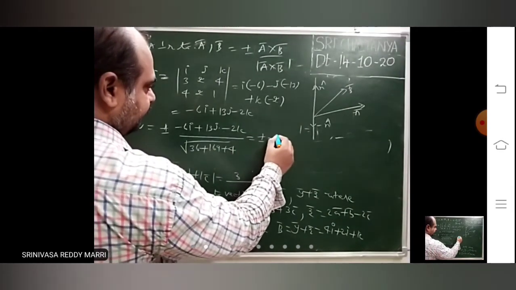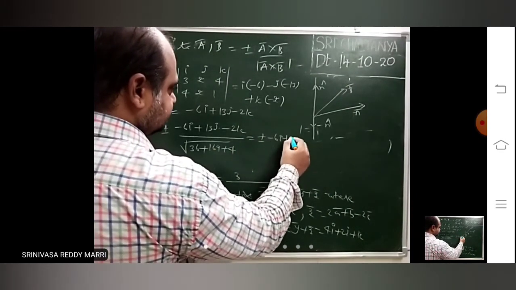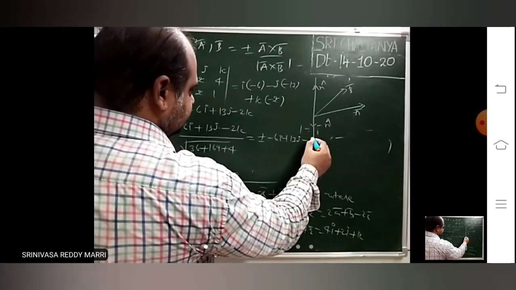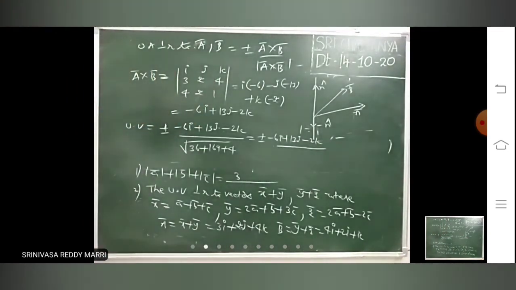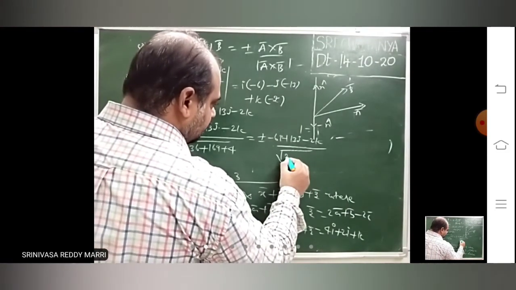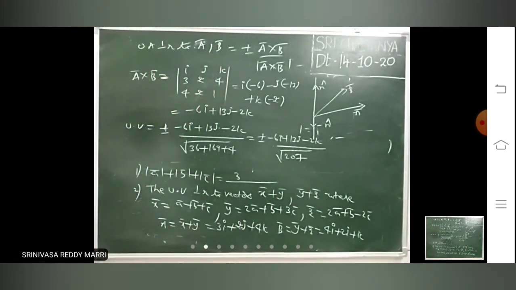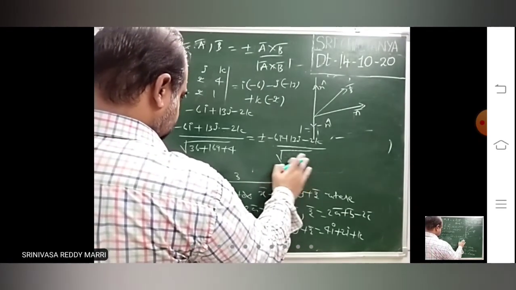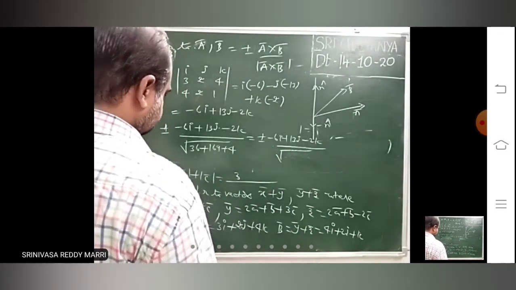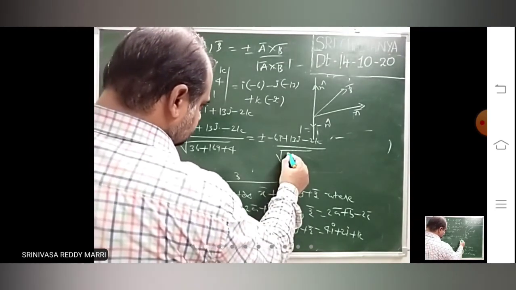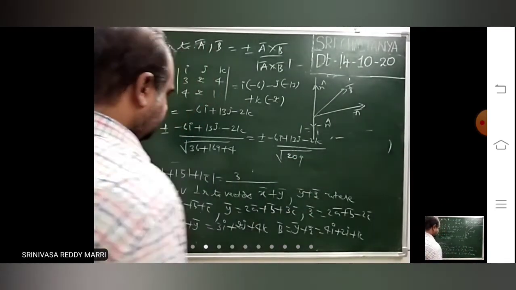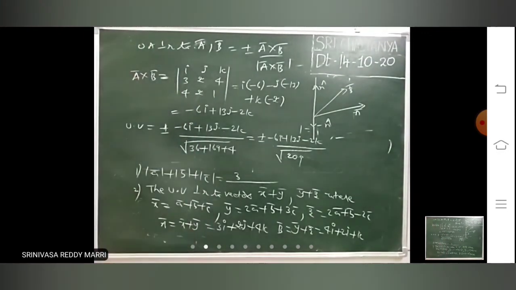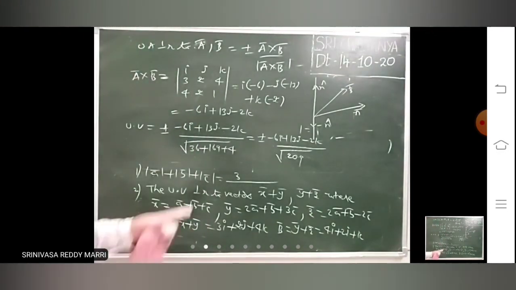So that means plus or minus 6I plus 13J minus 2K divided by root of 209.